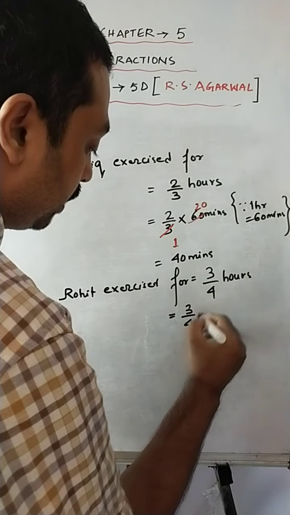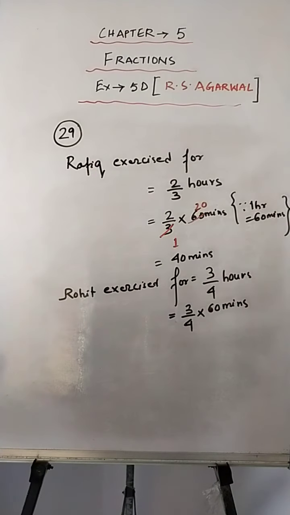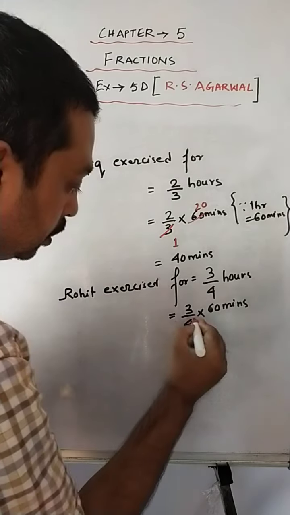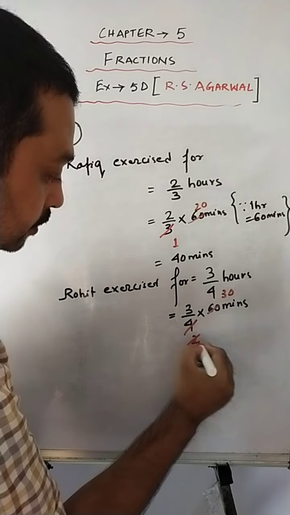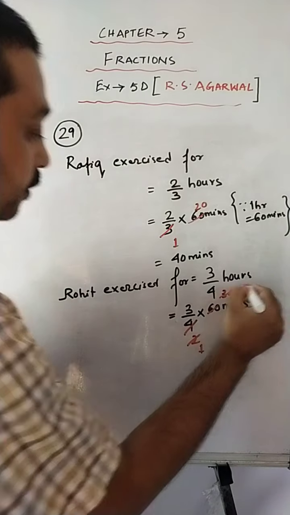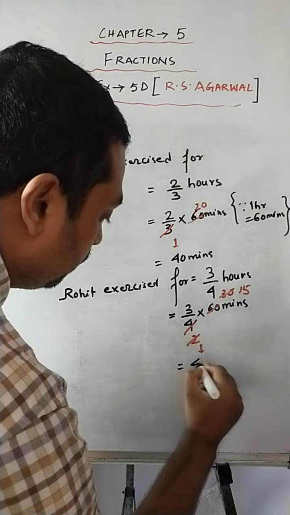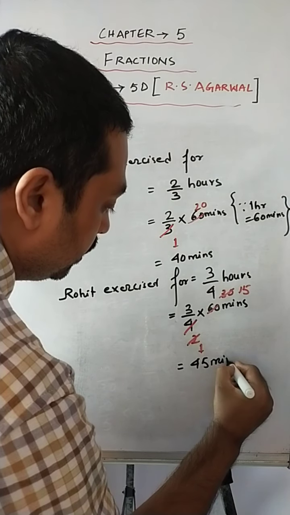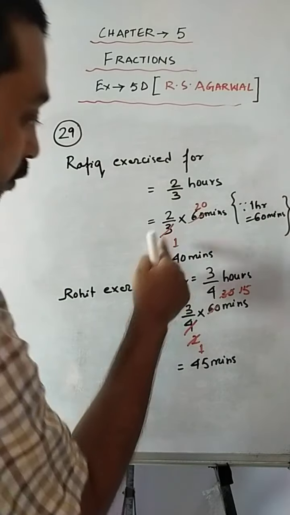So it will be 3 by 4 into 60 minutes. Now let's reduce this. 2 twos are 4, 2 thirties are 60, again we can reduce, 2 ones are 2, 2 fifteens are 30. Now 15 threes are what? 45 minutes. So Rohit exercised for 45 minutes, Rafiq exercised for 40 minutes.